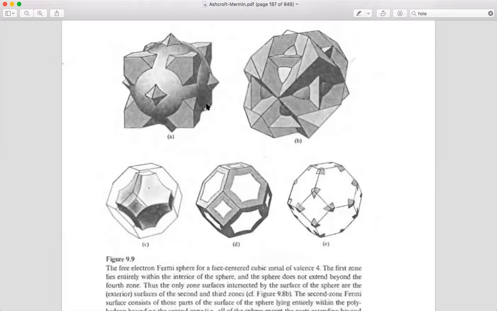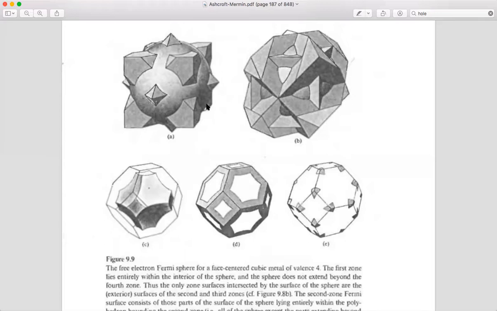So if I have an FCC lattice with 4 electrons per atom, the free electron Fermi surface is bigger than the 1st Brillouin zone. So there is no part of the free electron Fermi surface within the 1st Brillouin zone. The Bragg planes that define the boundaries of the 1st Brillouin zone do not intersect this free electron sphere, so we don't need to worry about them.